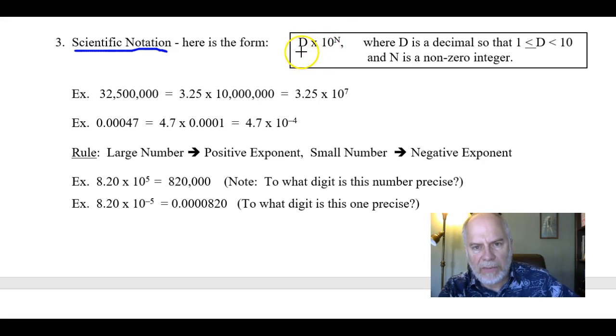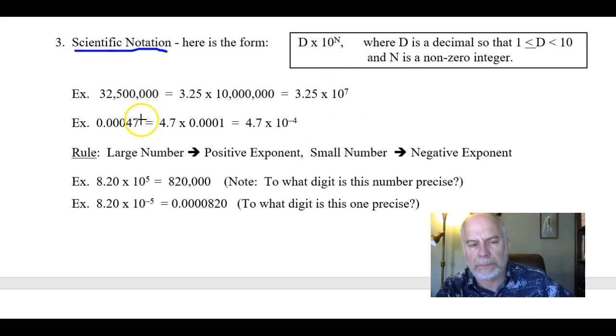So you always have to have some decimal number times 10 to some power. Now the power is a non-zero integer. We would never use 10 to the 0 because 10 to the 0 is just 1, and the decimal times 1, you could just write the decimal the way it is. So we're going to have some positive or negative integer for n.